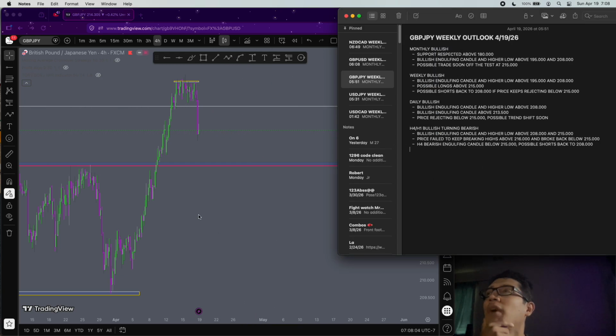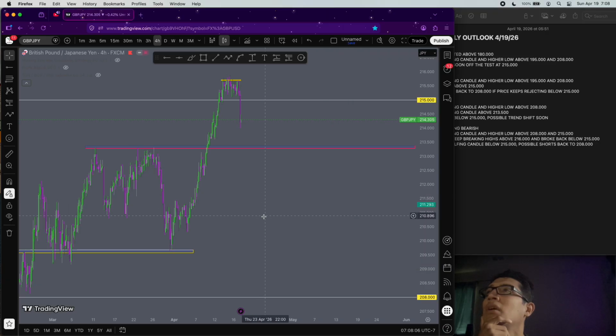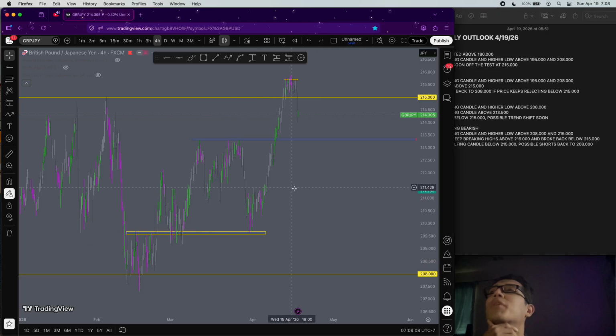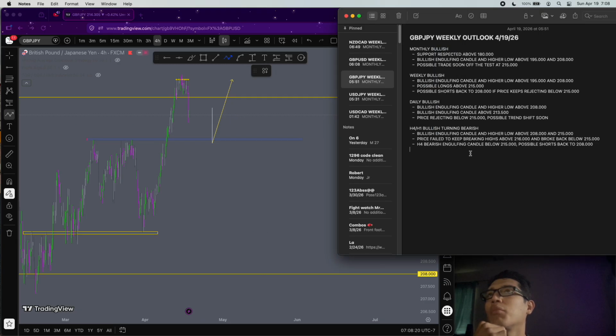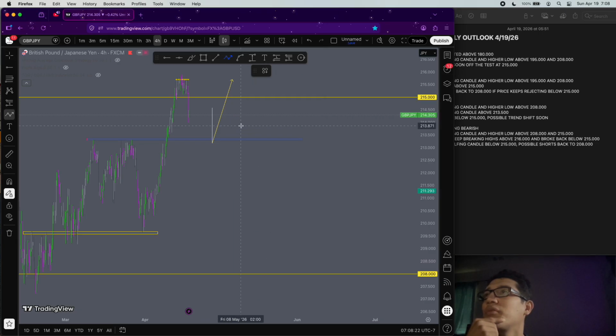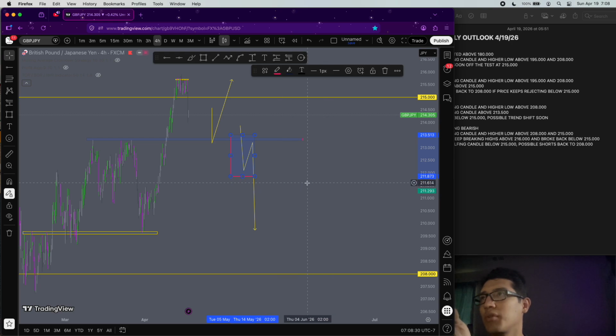That's why it's bullish turning bearish, because price can still come over here, which is the previous strong area of supply, turn into demand, respect it as demand and continue bullish. It would be fully bearish once we have a bearish engulfing candle below here and a lower high. Then for me, that would be fully bearish.